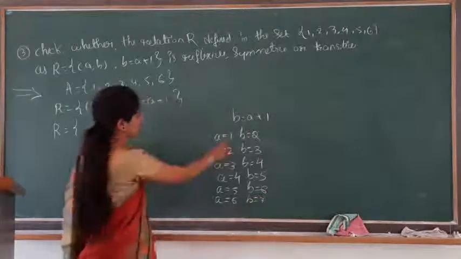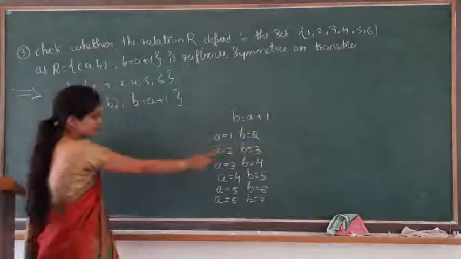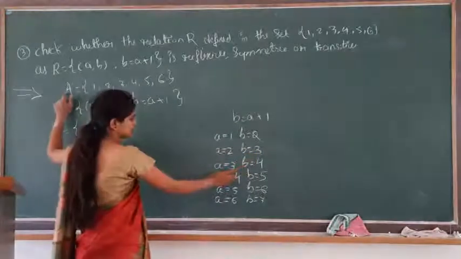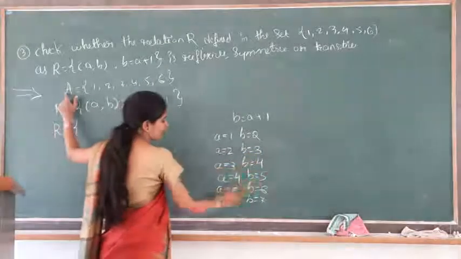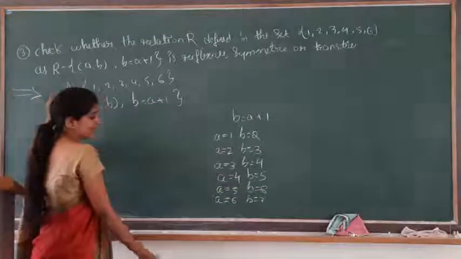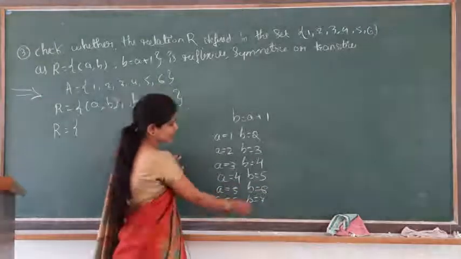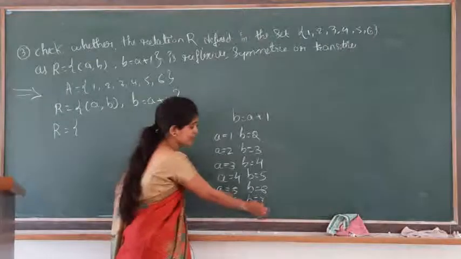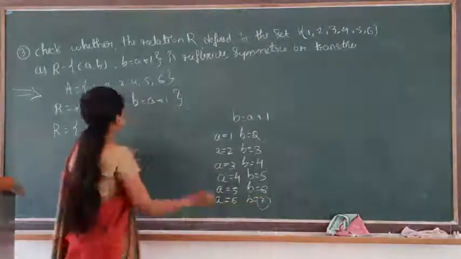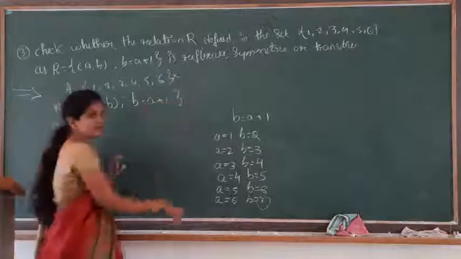But 1 and 2 belong to this set. Similarly, 2 and 3 belong to this set. 3, 4, 4, 5 and 5, 6 belong to this set. But when you put a value as 6, the b value you will get is 7. But this 7 does not belong to this set, right?